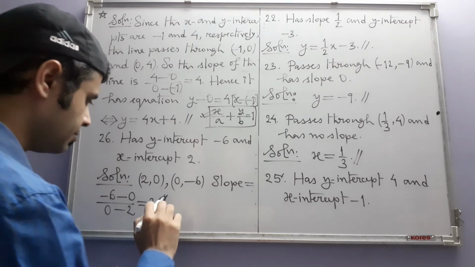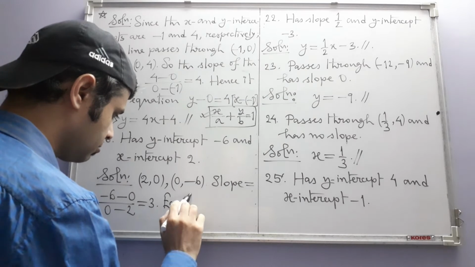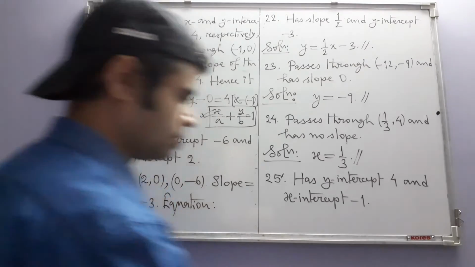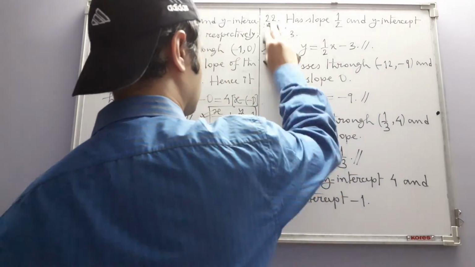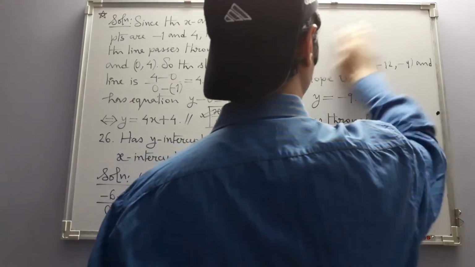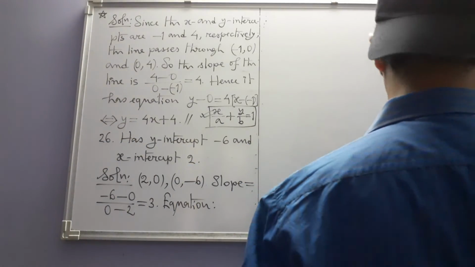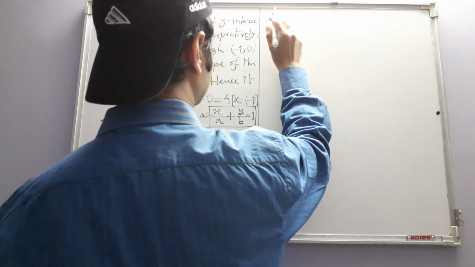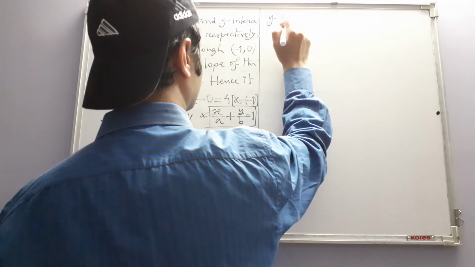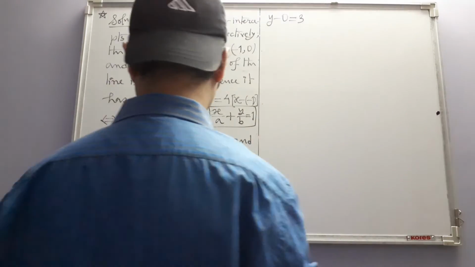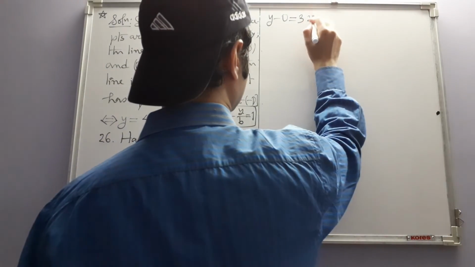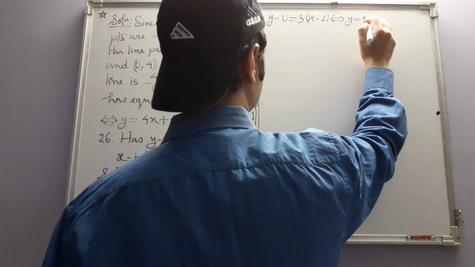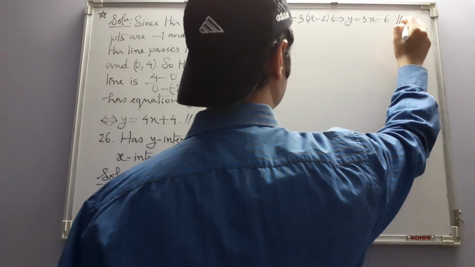So slope is 3 and the equation is this. Slope is 3. If we use this point, y minus 0 is equal to 3 times x minus 2. That means y is equal to 3x minus 6.